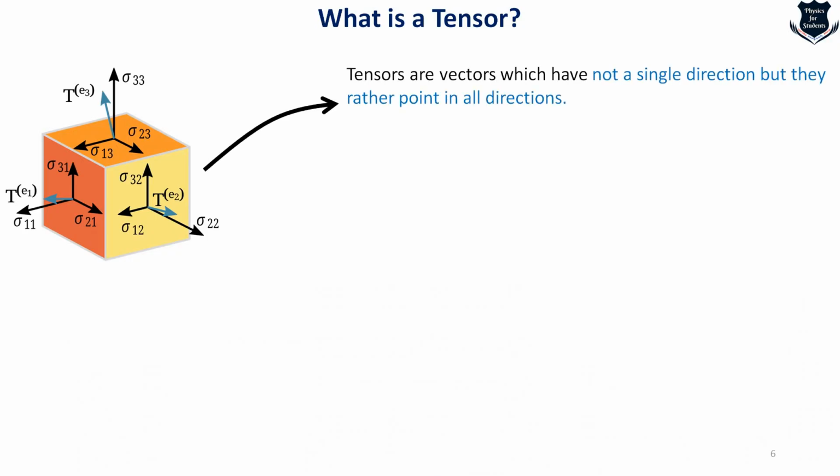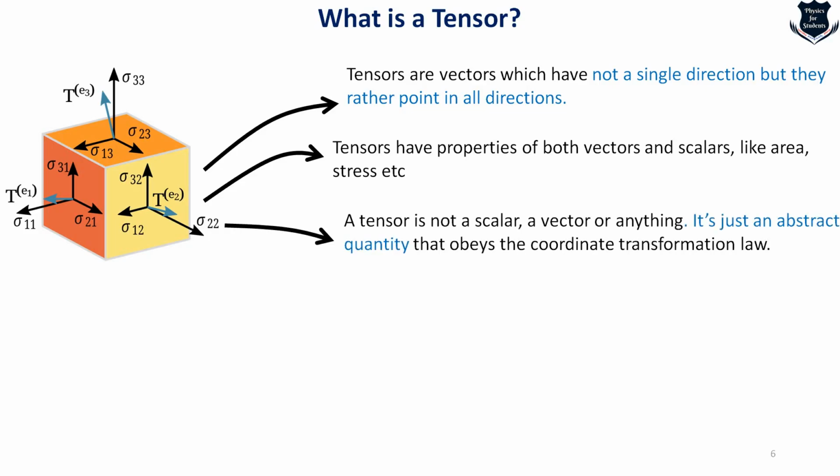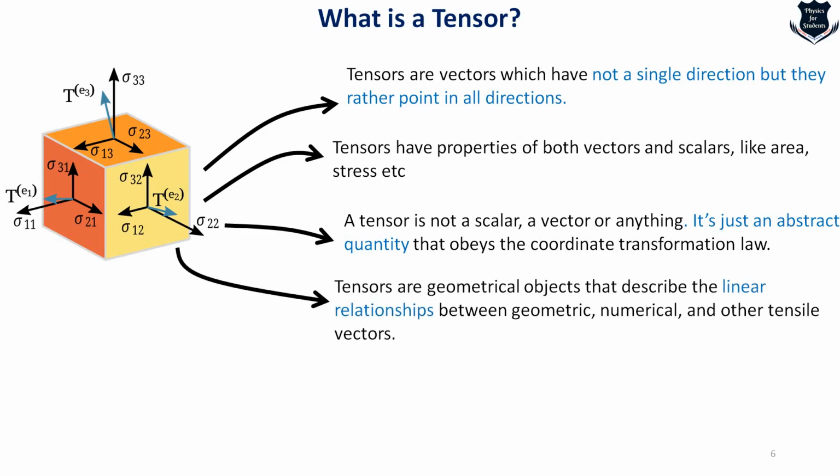So from here we can say that tensors are like vectors which have not a single direction but rather point at different parts. As you can see, this picture illustration tells tensors have both the properties of vectors and a scalar. Tensor is not a scalar, we will soon see, because it is just an abstract quantity that obeys certain transformation laws.